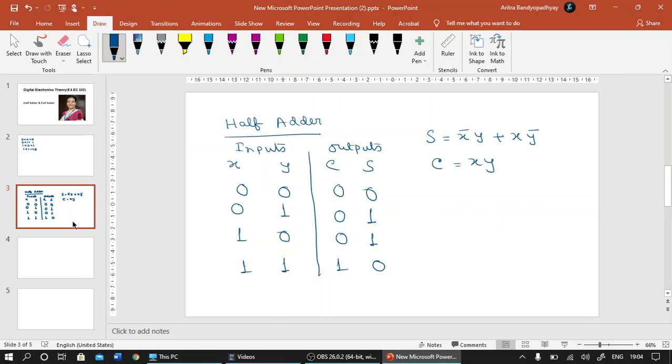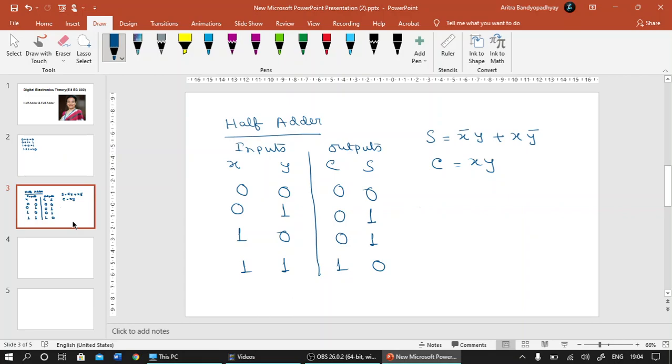If we want to represent this combinational circuit with the help of a logic diagram, sum can be represented with the help of an exclusive OR gate and carry can be implemented with the help of an AND gate.